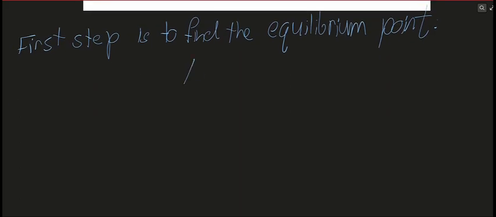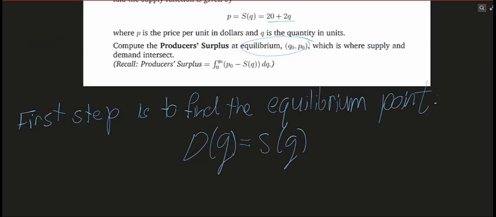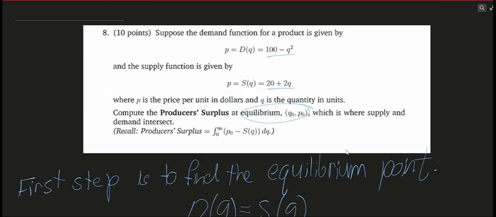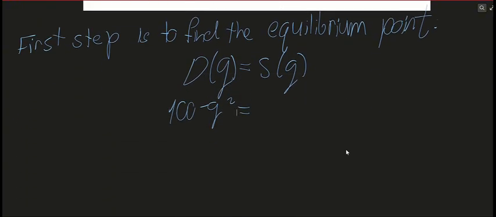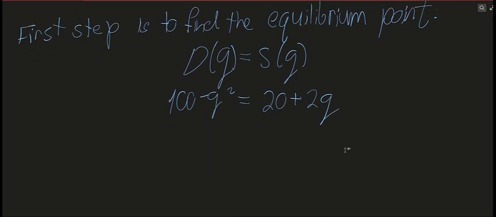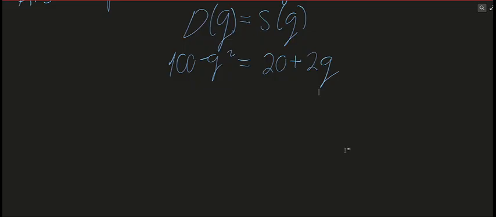So D of Q equals S of Q. Supply and demand are equal. That's the point. What's D? 100 minus Q squared. That is equal to S. And what is S for supply? 20 plus 2Q. Yep, 20 plus 2Q. Okay, let's actually solve this little equation.